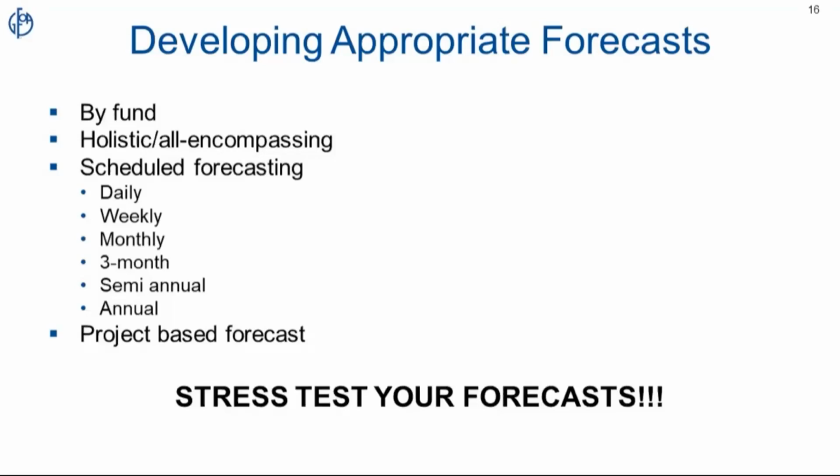And how do I report that, and how do I understand what that impact is going to be on my holistic cash flow? In addition to that, there's the project-based forecast. Is there a specific project, which can somewhat tie into the bonding, where I have a special forecast that I need to manage and see, am I going to have enough cash to meet the needs of that project that we're continuing to do?